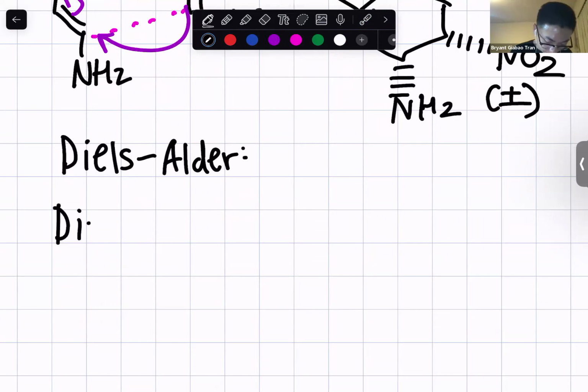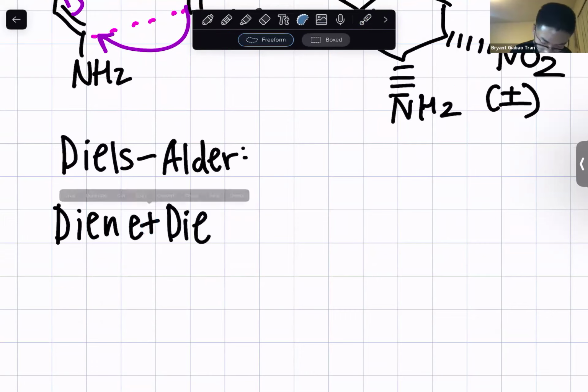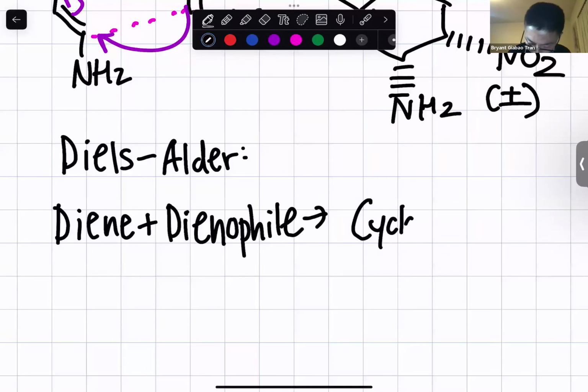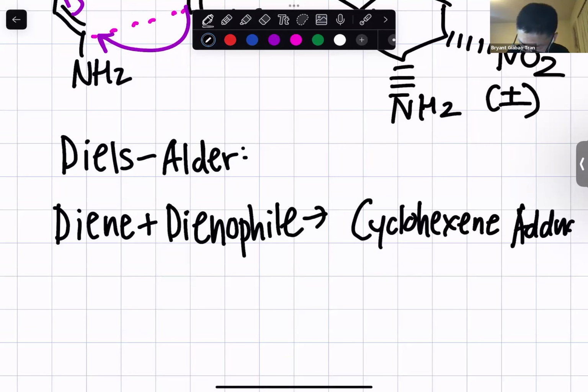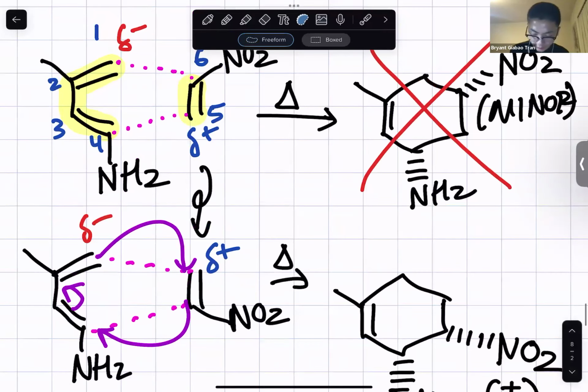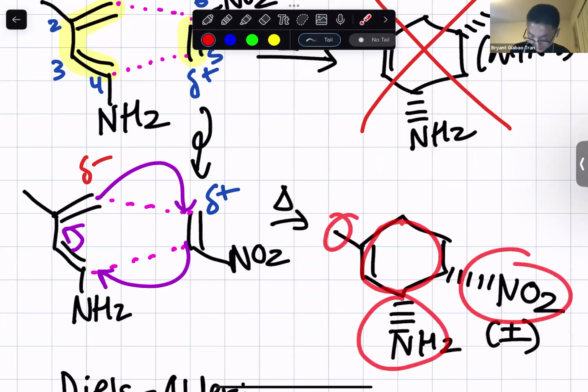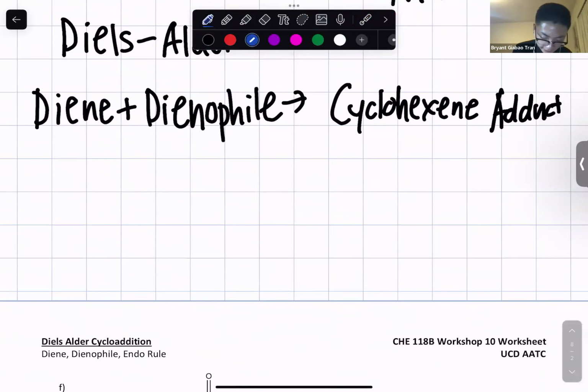We know a diene is going to react with a dienophile, and that is always going to make some kind of cyclohexene adduct. Because our product for Diels-Alder is always this cyclohexene here with other decorations on it. Think of your diene as your nucleophile in the reaction and your dienophile as your electrophile.